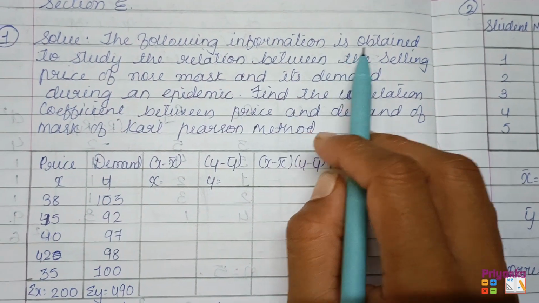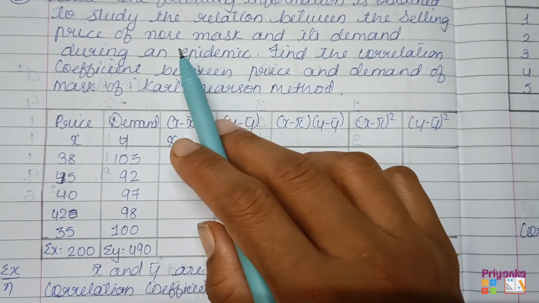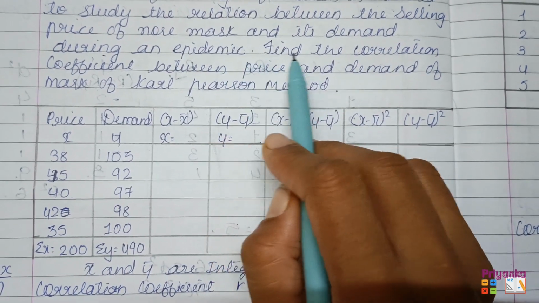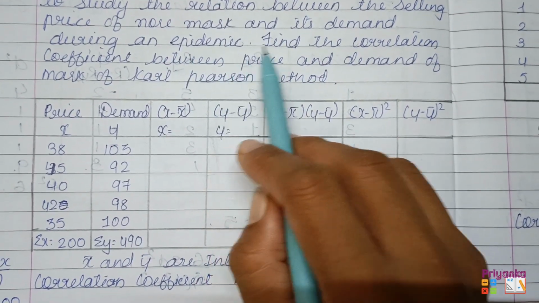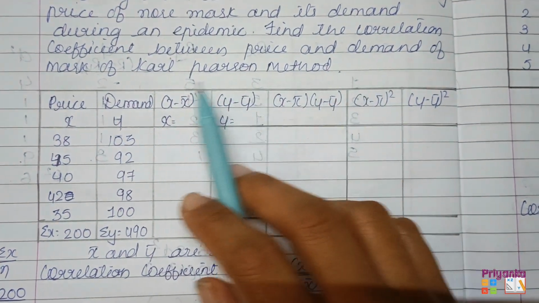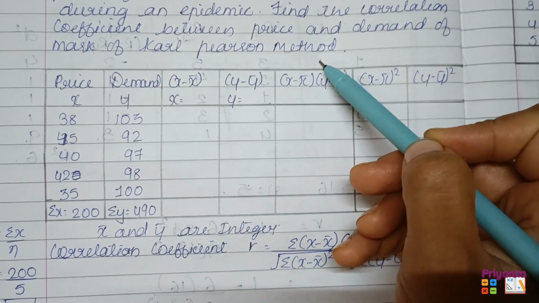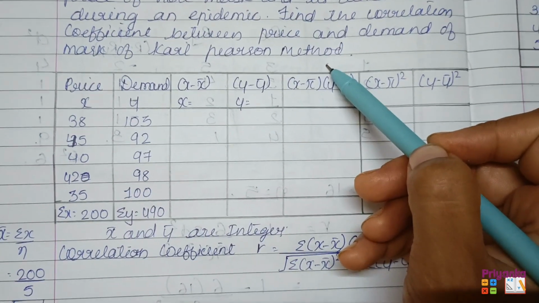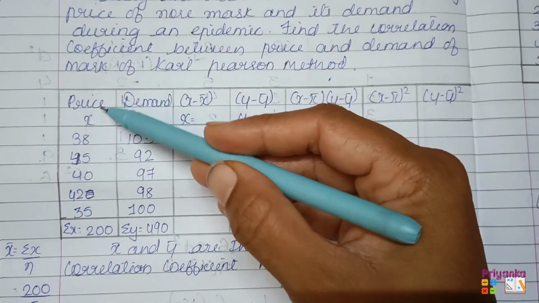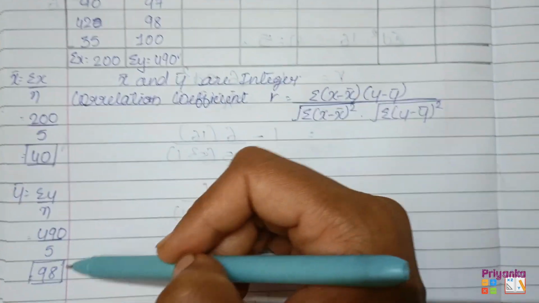Solve the following: information is obtained to study the relation between the selling price of nose masks and their demand during the epidemic. Find the correlation coefficient between the price and demand of the mask by the Karl Pearson method. Now you remember the Karl Pearson method we did in exercise 2.2. First we used to take the information x and y and find x bar and y bar.